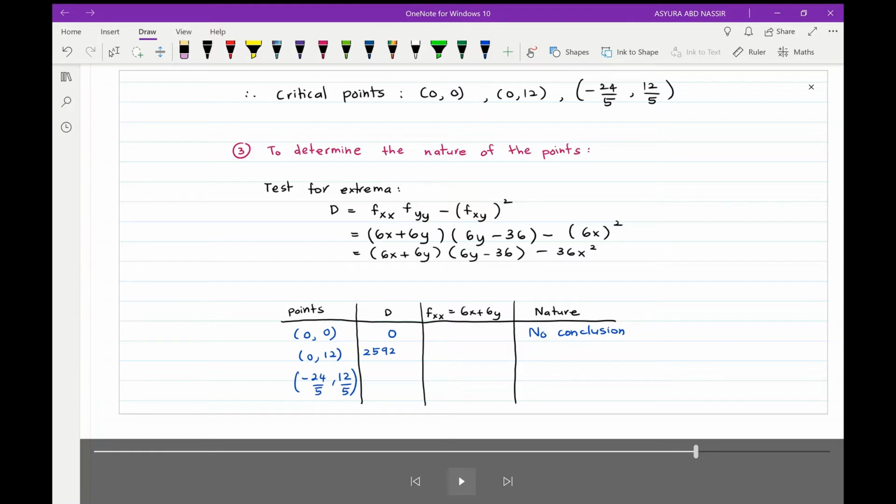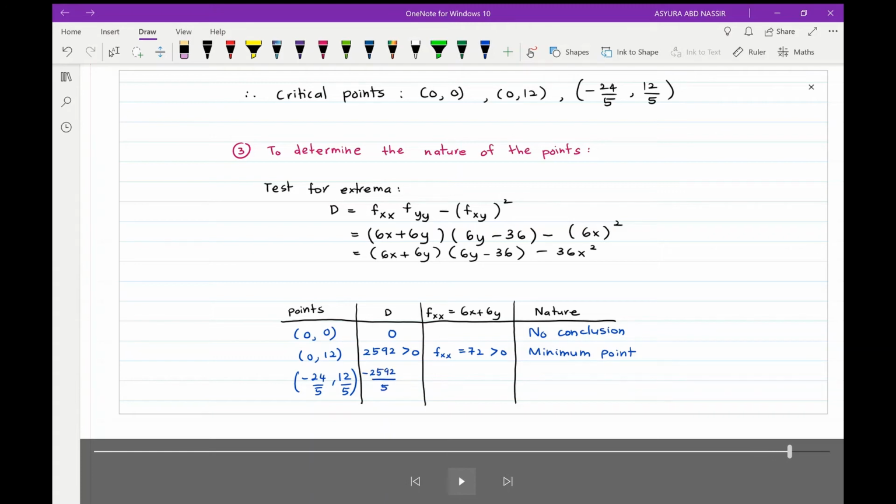Second one, when your point is (0, 12), you get your D is 2592, greater than 0, meaning you have to check for your fxx. So your fxx is 72, which means you will get the minimum point because your fxx is greater than 0.